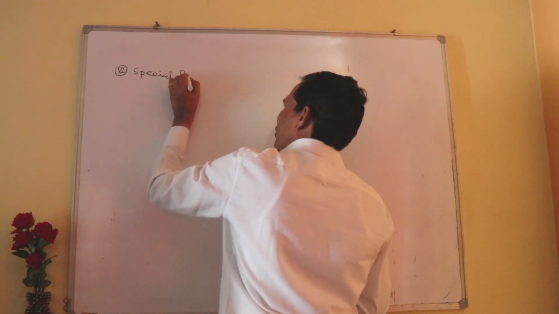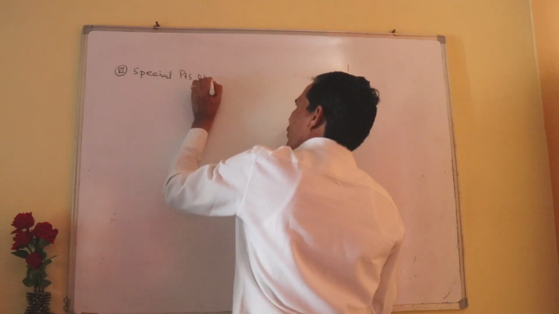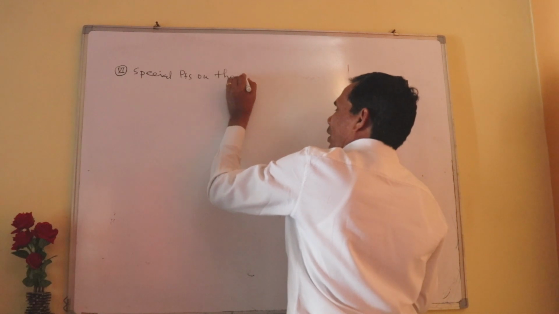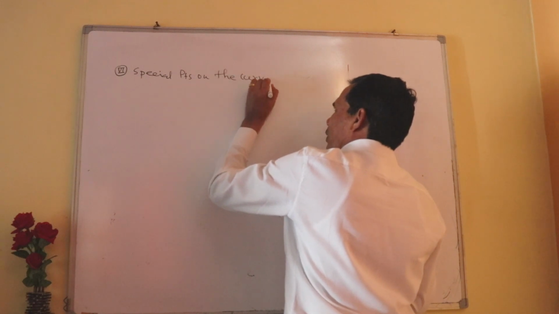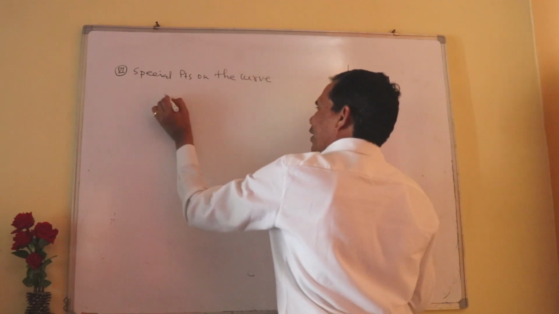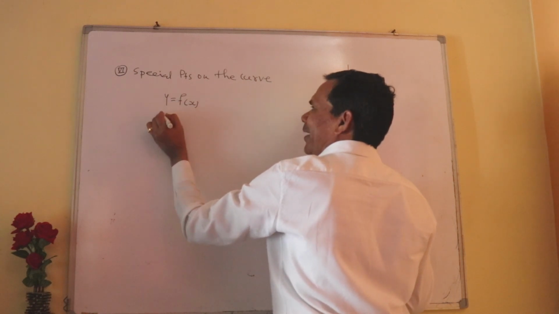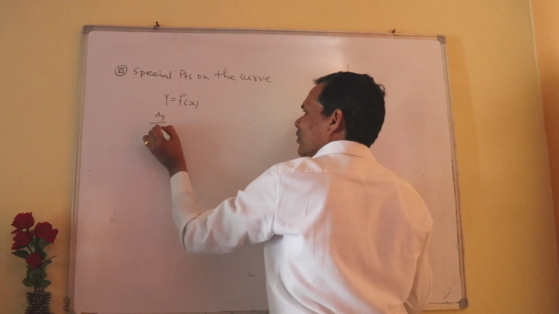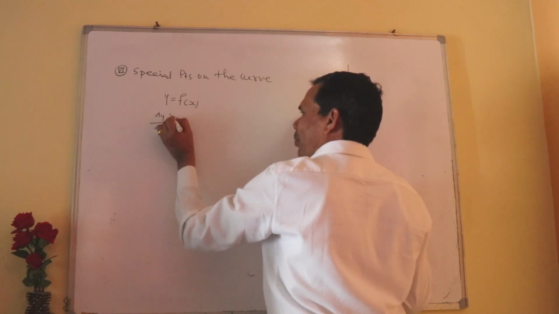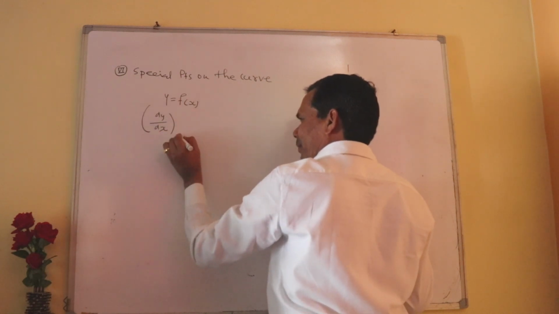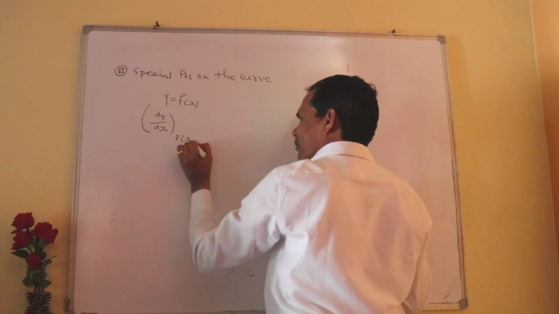Special points on the curve. Here, for the curve y is equal to f of x, in explicit form, we find dy by dx at a particular point, say P(x1, y1).